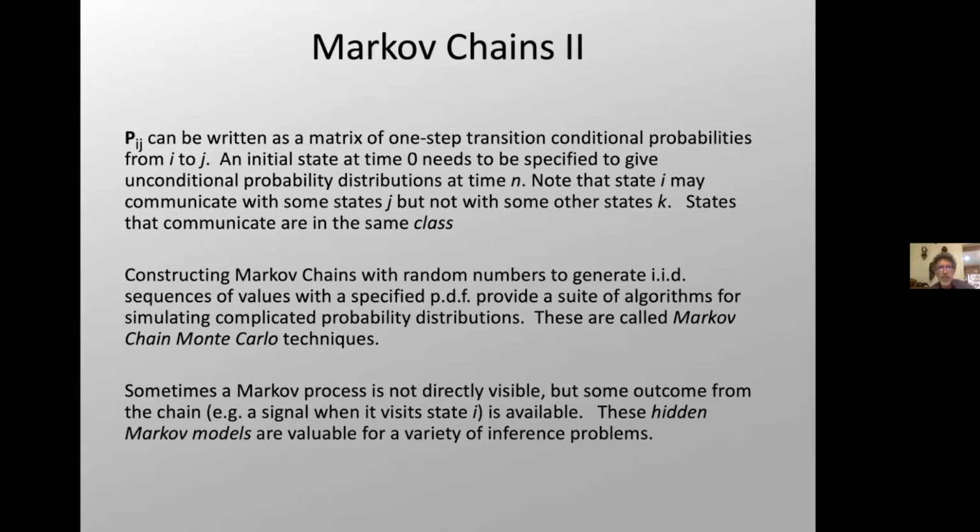So when we combine random numbers with the concept of a deterministic Markov chain, we have something called Markov chain Monte Carlo. It's combining a deterministic stochastic process with a random stochastic process. So it's a rather particular thing.